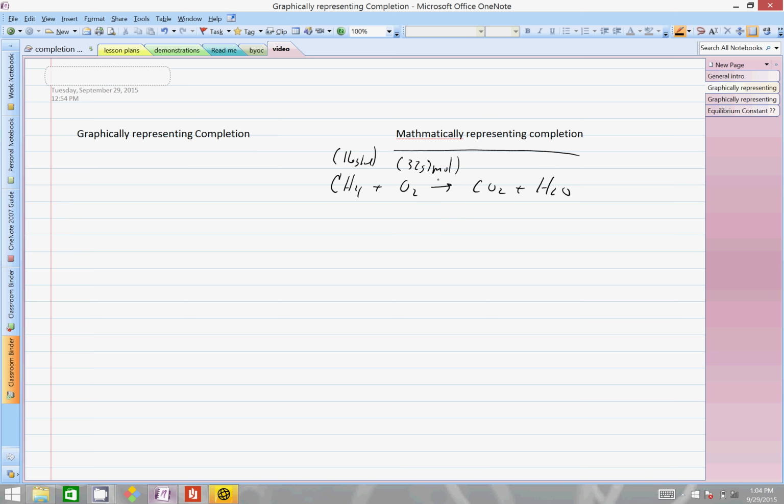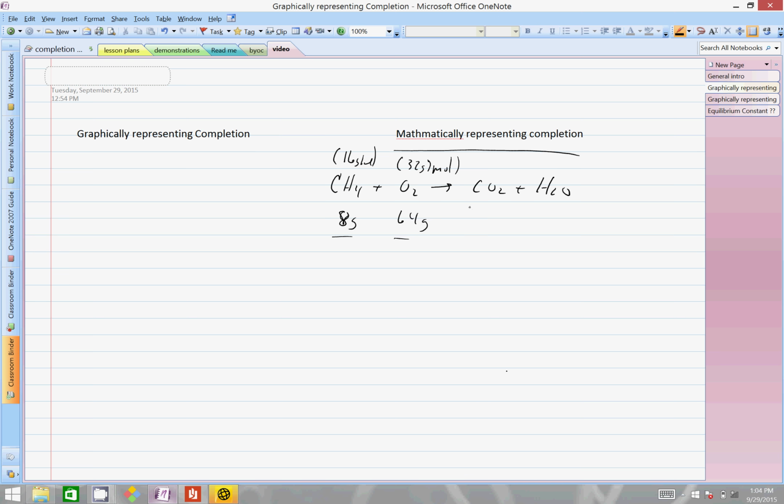Let's say we have 8 grams of methane and 64 grams of oxygen. Our problem starts out by getting out of grams and into moles, because moles measure the number of particles, and that's the rate at which things are used.